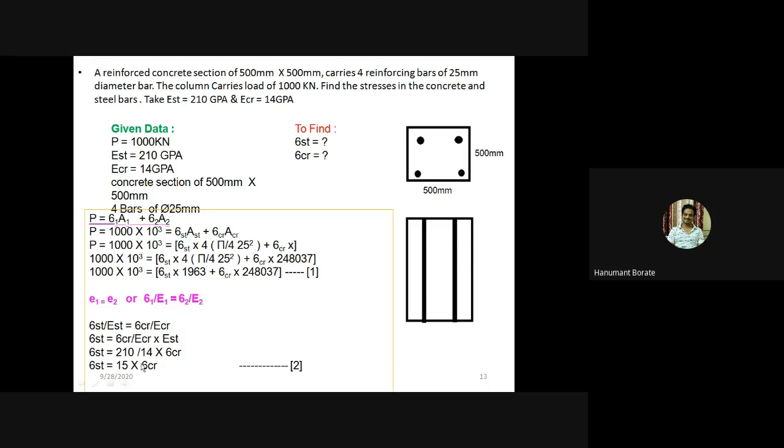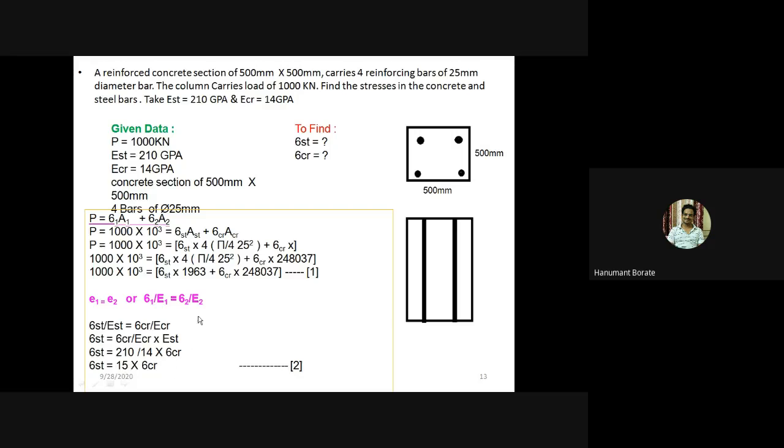We know the values of E_st and E_concrete: E_st is 210 and E_concrete is 14. So we get the relation between the stress in the steel member and the stress in the concrete member: sigma steel equals 15 into sigma concrete.